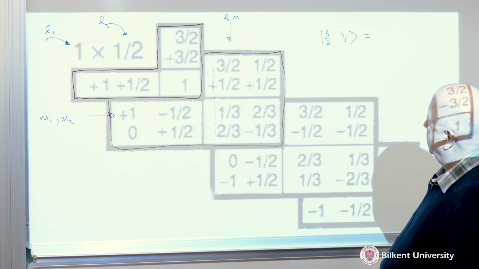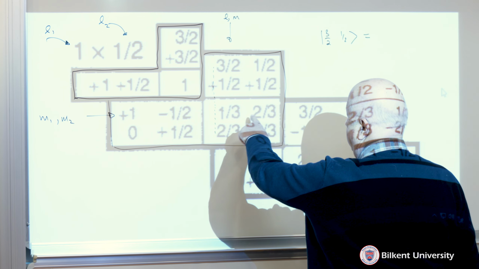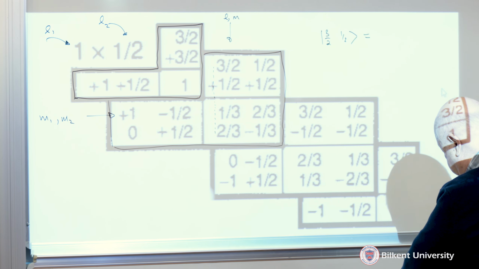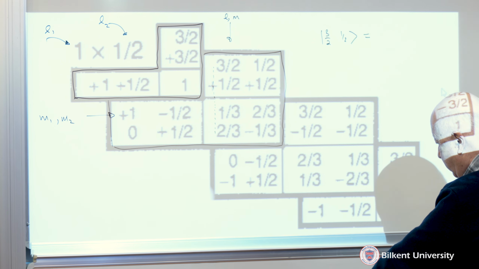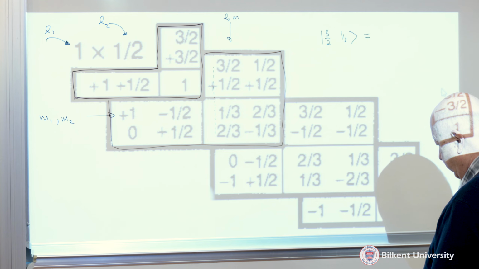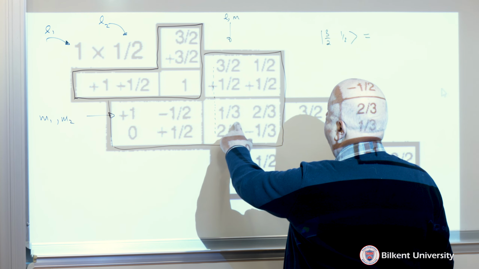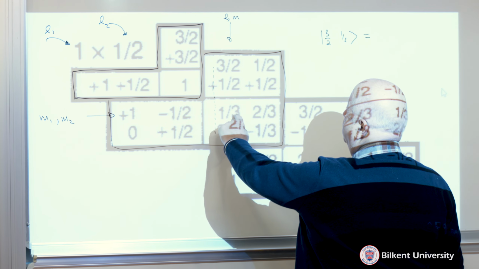Okay, so I know what the result is, so I can just cheat and look over there. I'm going to get square root of 2 over 3 for this one, okay? And 1 over 3 for that one.